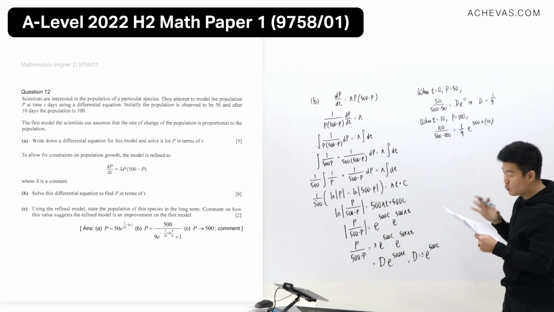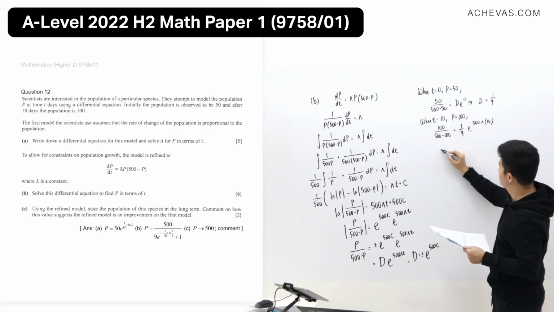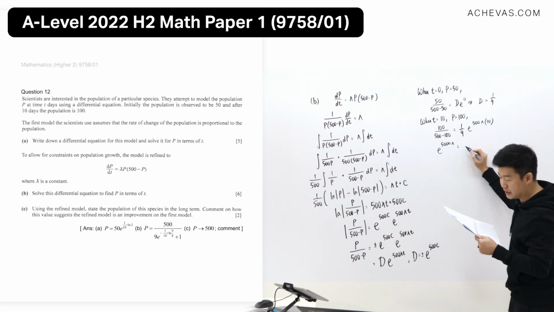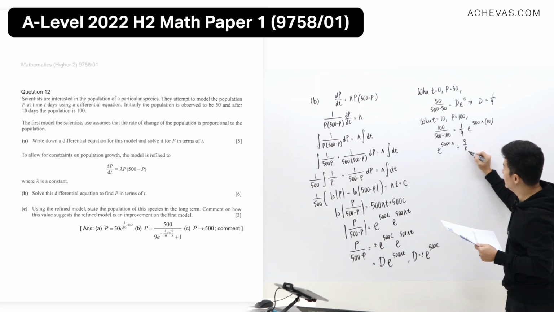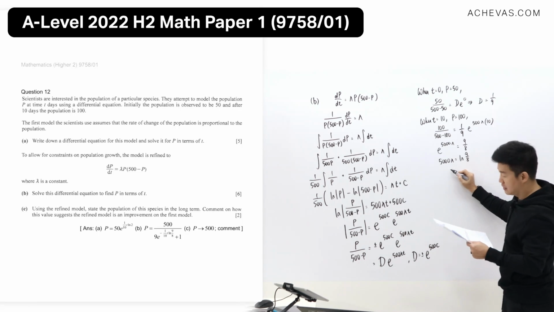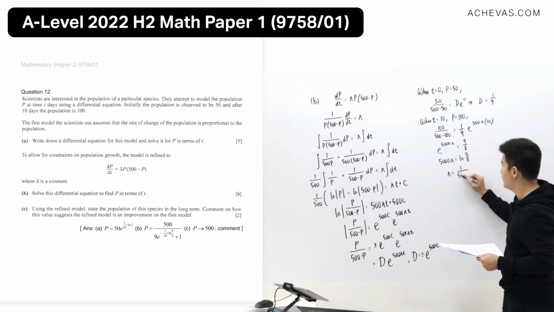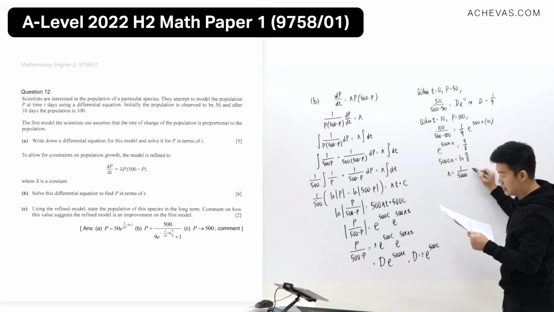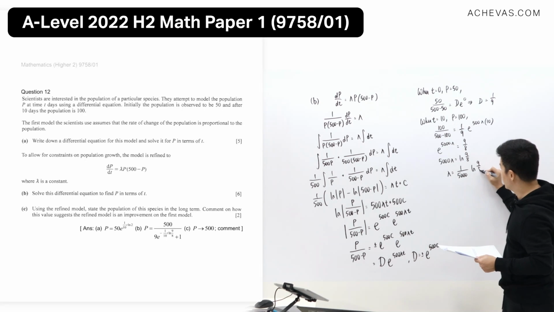So we now have e to the power of 5,000 lambda. Multiplying 9 across to the other side, this is equal to 9 over 8. So 5,000 lambda is ln of 9 over 8. This tells us that the value of lambda is going to be 1 over 5,000 times ln of 9 over 8.